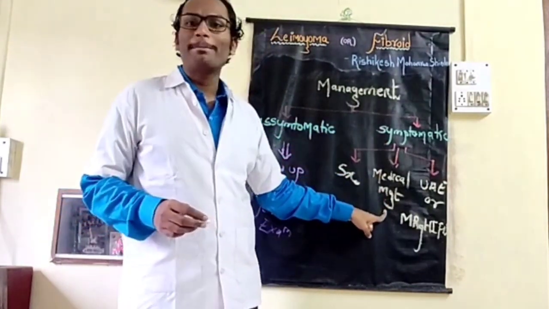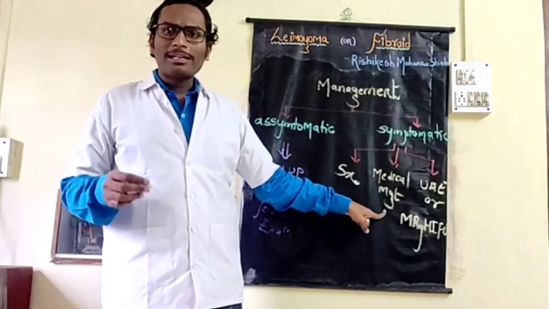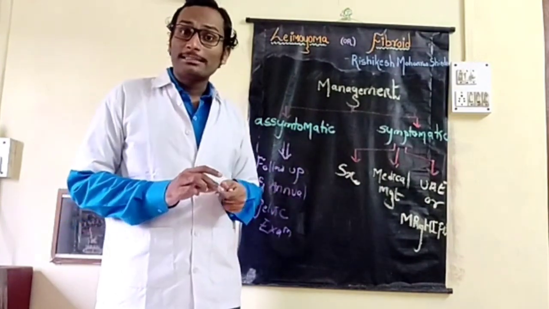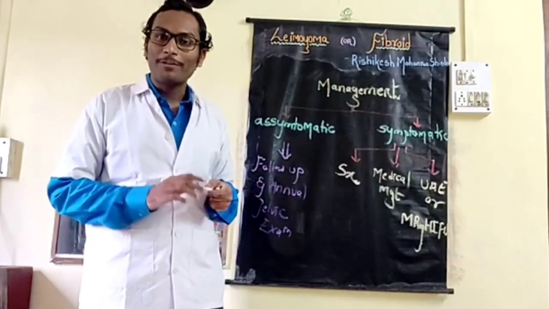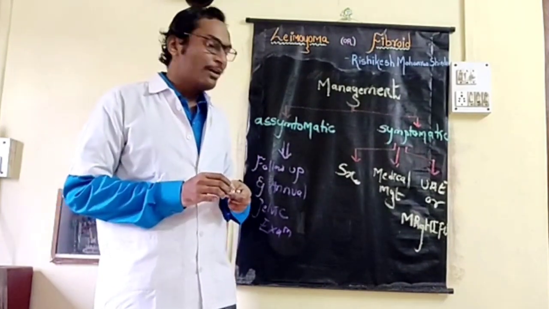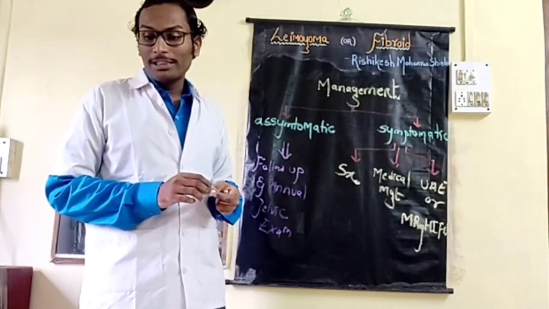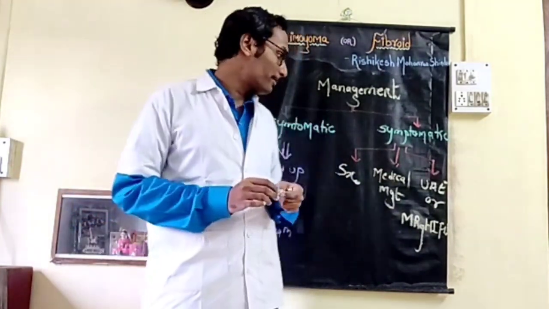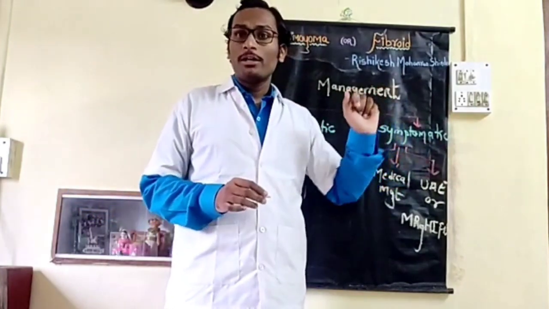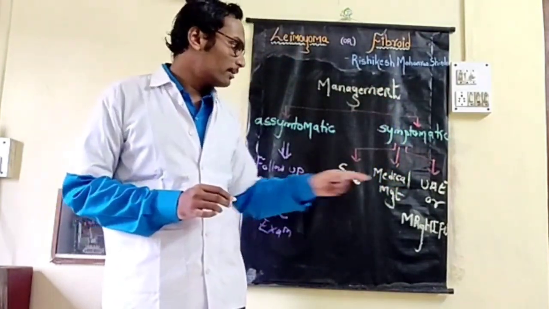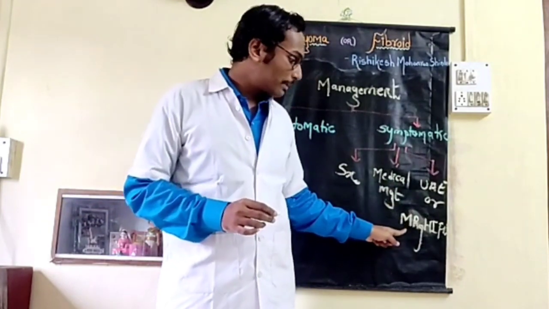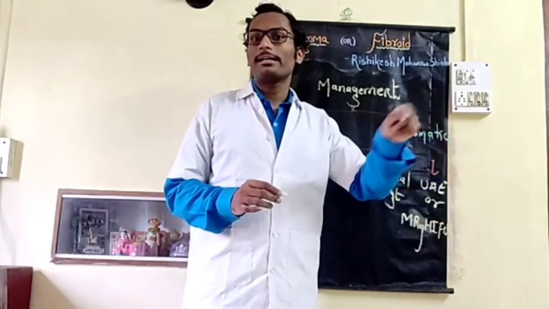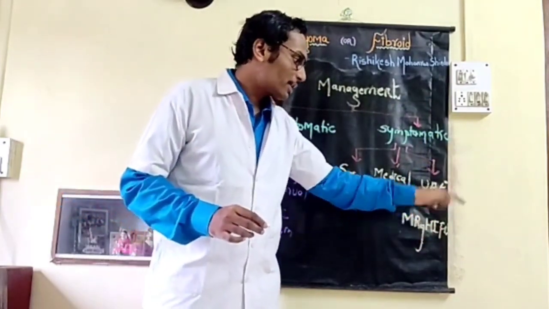We can also perform medical management. So what are the indications of medical management? If a patient refuses surgery, if there are certain contraindications to surgery such as anemia or any blood problem, or if the patient is nearing menopause. Then there is UAE, uterine artery embolization, or another method known as magnetic resonance guided high intensity focused ultrasound, MRgHIFU.